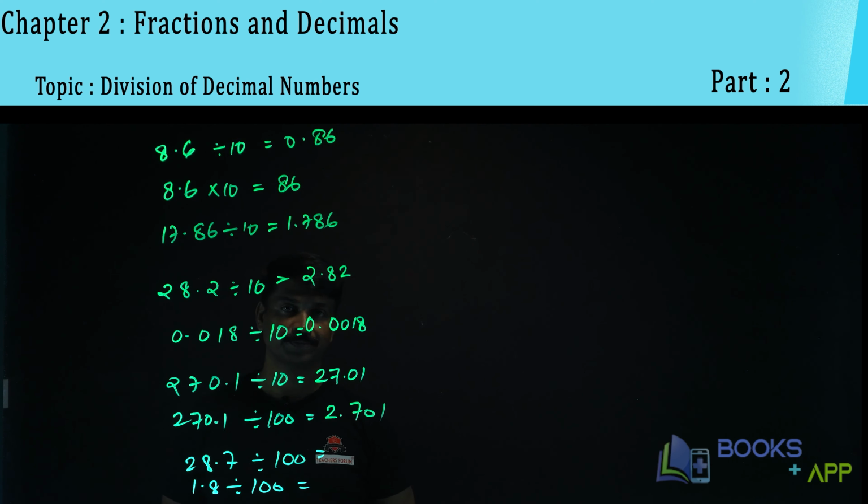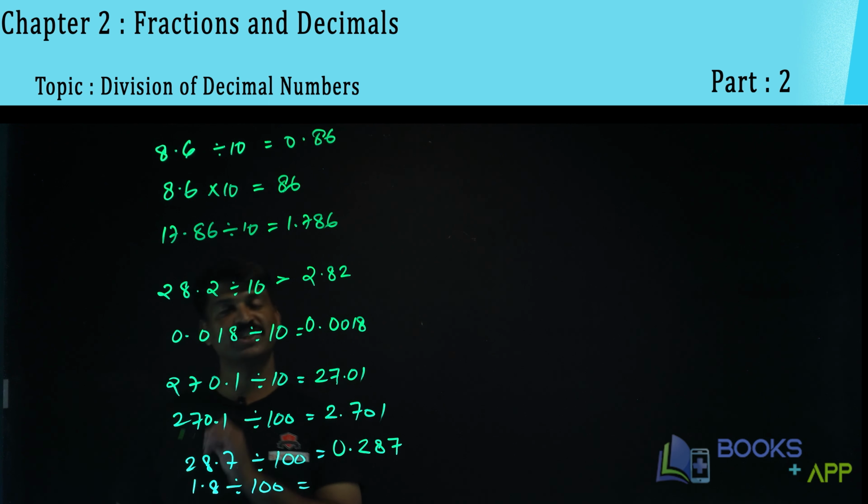2.701. Here what is the answer? Dividing by 100, 2 points it should jump. So it becomes 0.287. Now what is the answer here? You divide by 100. 2 positions should jump to the left.